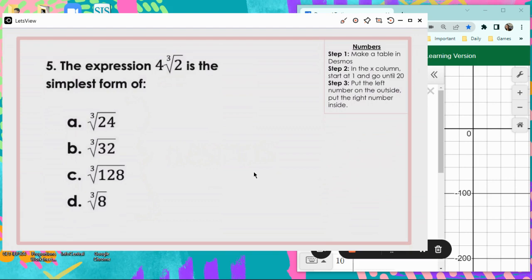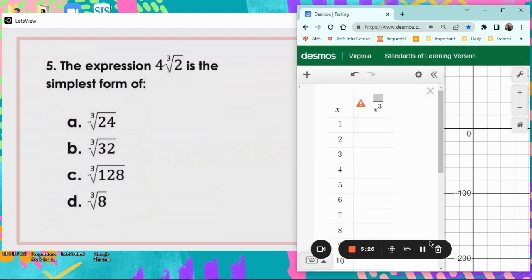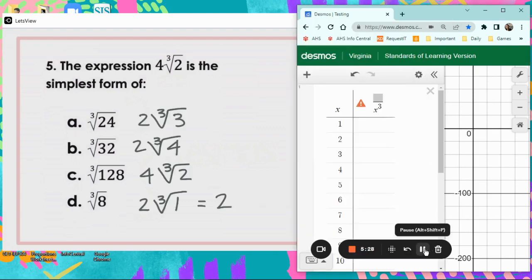So go ahead, pause the video right here to go ahead and test out those answers. All right, hopefully you were able to quickly simplify all of these answer choices in Desmos. So if you go ahead and look at these, we want the one that matches 4 on the outside, 2 on the inside, and we can see that that is going to be answer choice C.